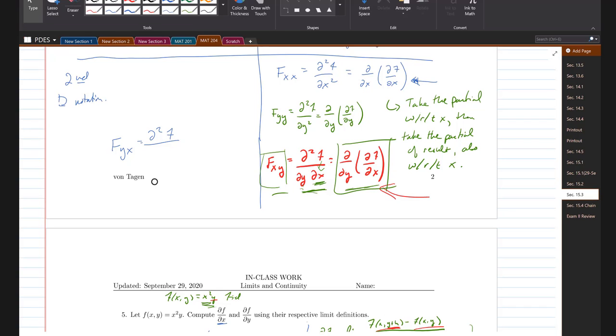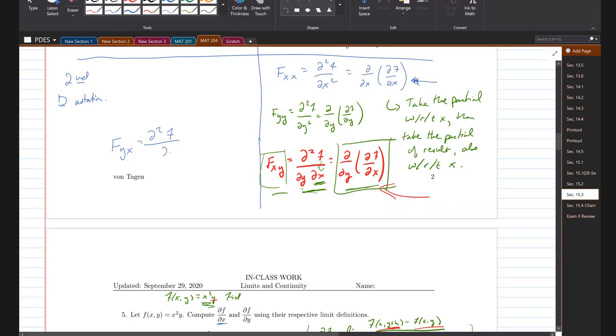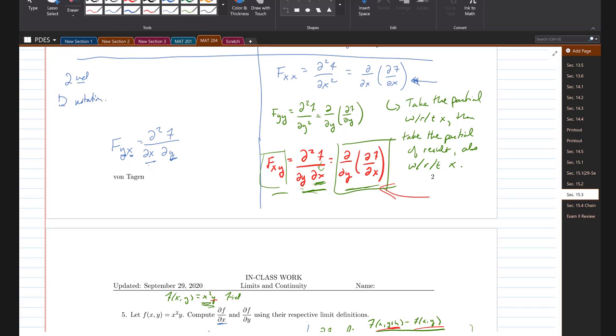So that denominator, we're going to take the partial with respect to y and then the partial with respect to x. Okay? So this ordering says do the y first and then the x. Likewise, this says do the y first, then the x. But do you see the difference? We're reading one left to right and the other right to left. But it makes sense if you think of it as right. In both cases, we're reading it inside out.